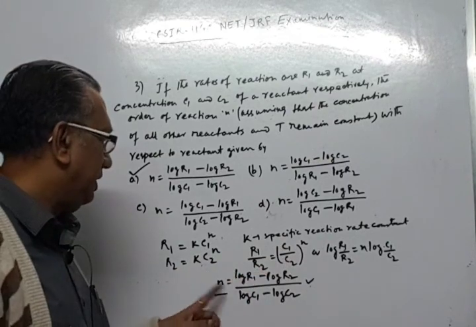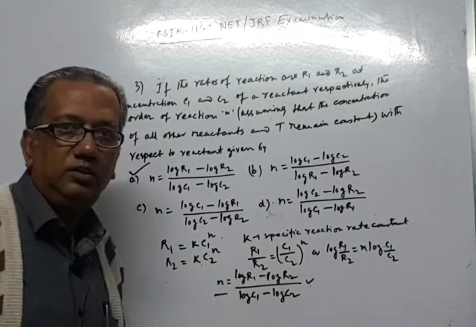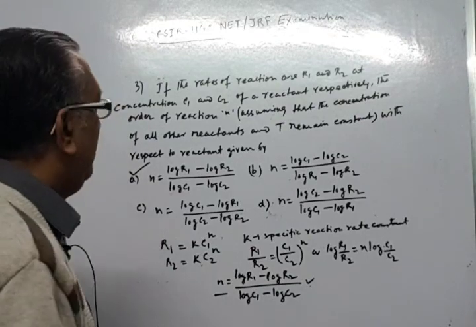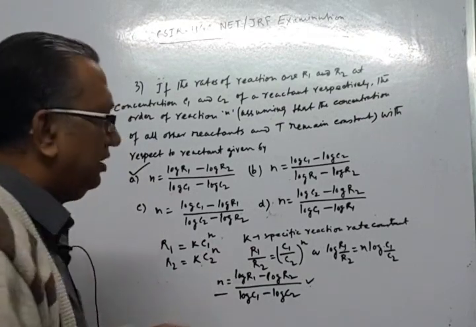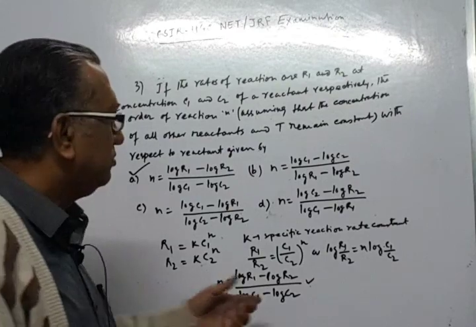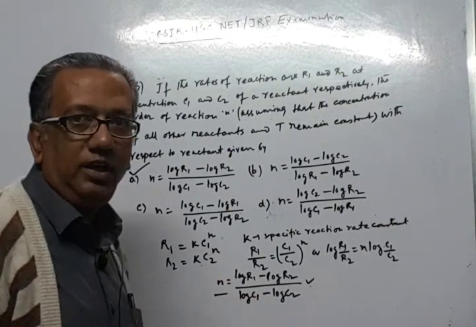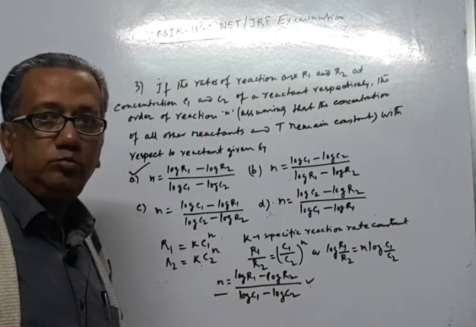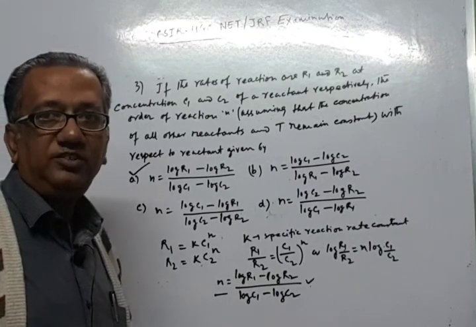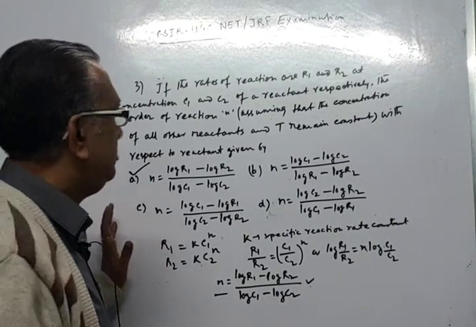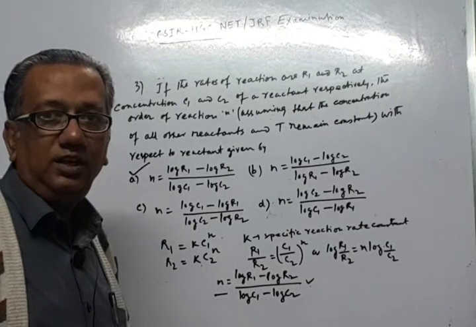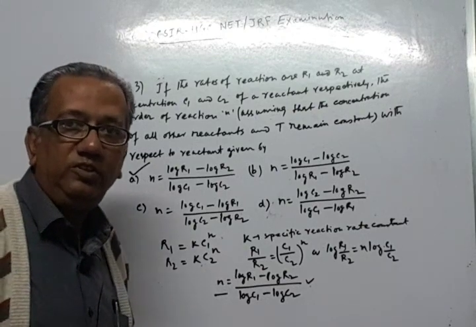So here n equals this one. So this is the relation, and with this we are finishing today. I hope you have understood all these questions and the logic behind them, and thank you for viewing these videos.